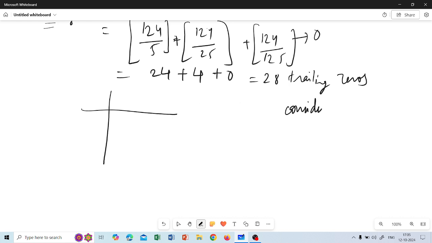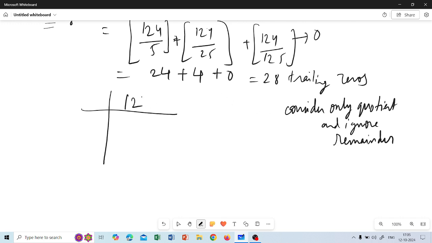Remember, you have to consider only the quotient and ignore the remainder. Now I'll take an example of 124. Okay, let me start with 76 first, which is what we took first. So if I start with 5 here, 5 ones are 5.